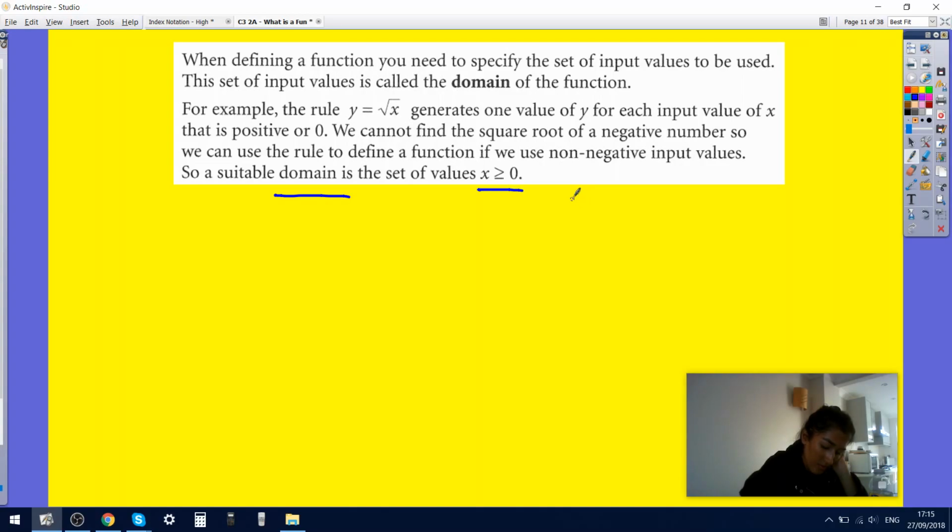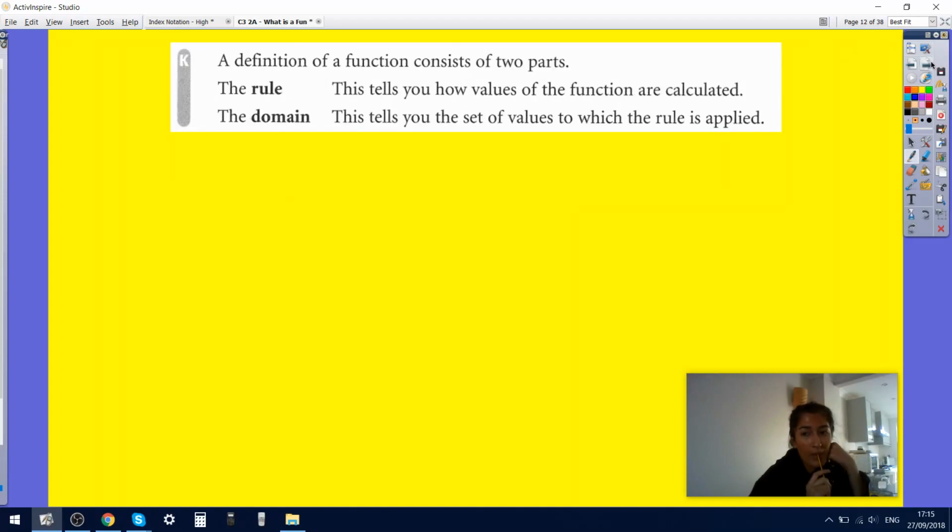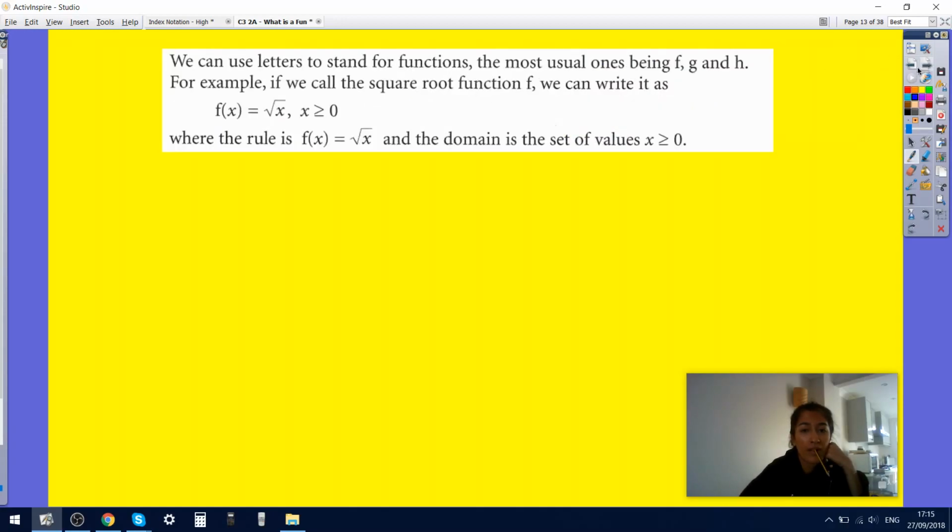So the domain is the possible inputs, the possible x values. So the rule tells you how it's calculated, and then the domain tells you a set of values for which the rule is applied.